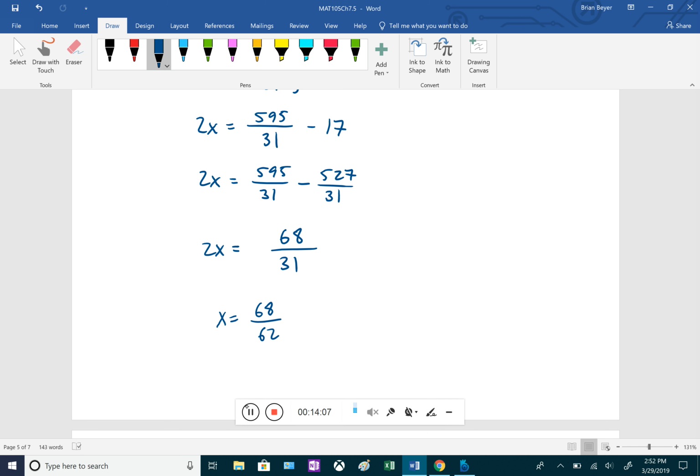And this simplifies to x equals 34 over 31. So our answer here, our solution, is the coordinate 34 over 31, comma, the y value was 85 over 31.